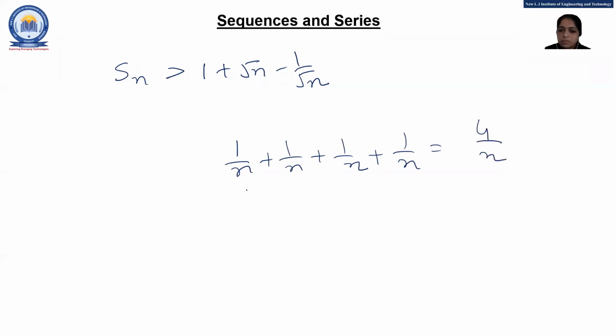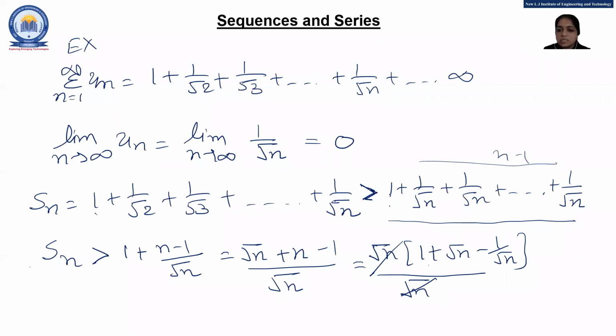Similarly, if I'm giving you 1 upon root n, 1 upon root n, 1 upon root n, that is 4 times 1 upon root n, right? Same, here we have this is 1 and the remaining terms are n minus 1. This is 1 and the remaining terms 1 upon root n, n minus 1 times. That's why here n minus 1 upon root n. Got it?